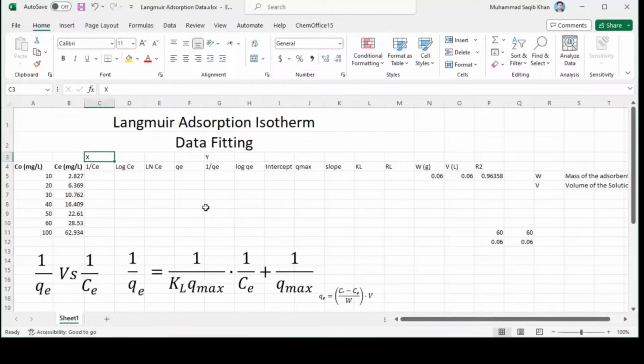For the RL value, RL is basically the separation factor.